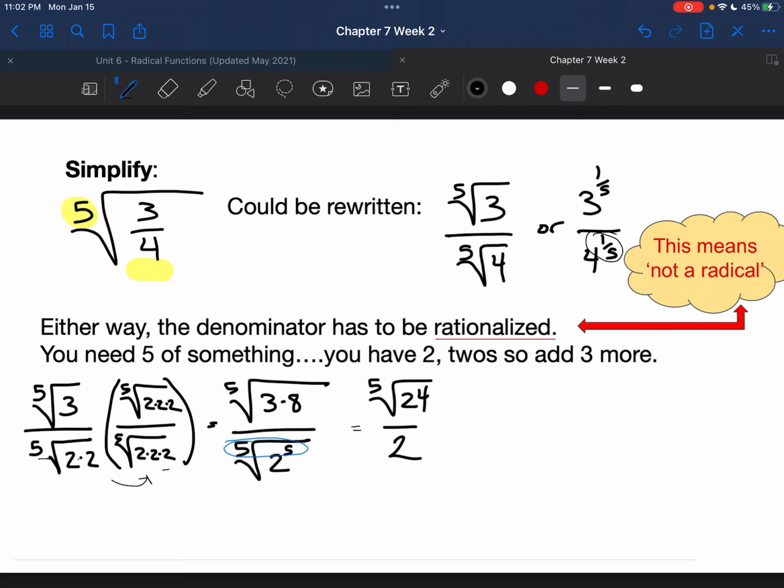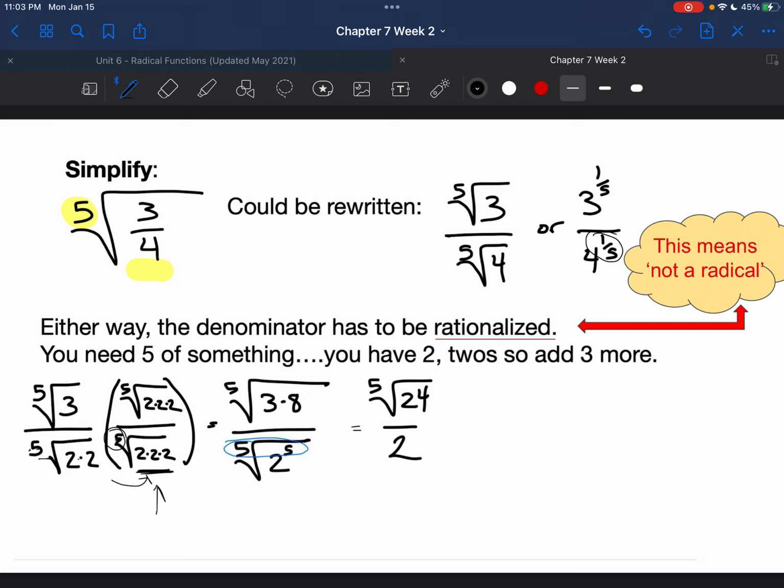So I need to add 3 more 2's for me to have 5 and to make those go away. Well, what is our rule in math? I have to have the same index when I'm multiplying. So I'm automatically going to make it a fifth root because I get to choose. I'm making a fifth root and I'm choosing to add 3 2's.